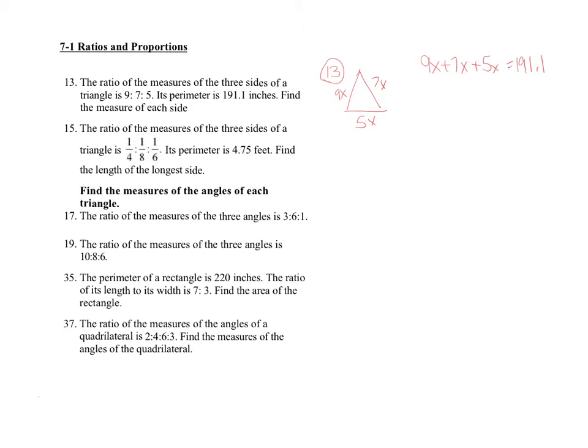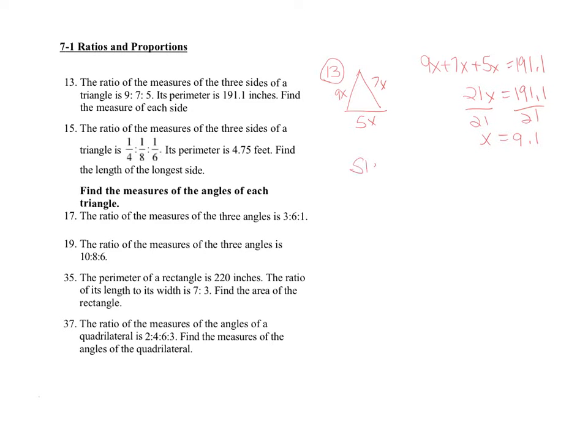If we combine like terms here, we're going to have 21x is equal to 191.1. If we divide both sides by 21, we get that x is equal to 9.1. And it asks us to find the measure of each side.